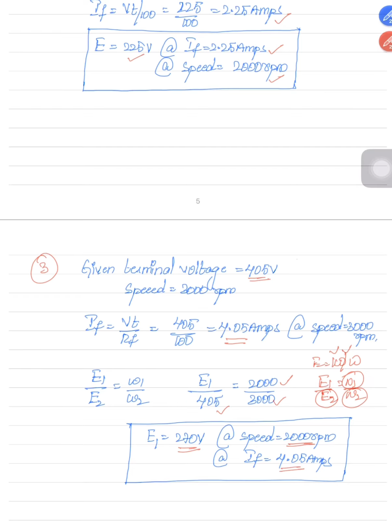Means at 3000 rpm it is generating 405 volts at a field current of 4.05 amps, and similarly at 2000 rpm it gives a terminal voltage of 270 volts.